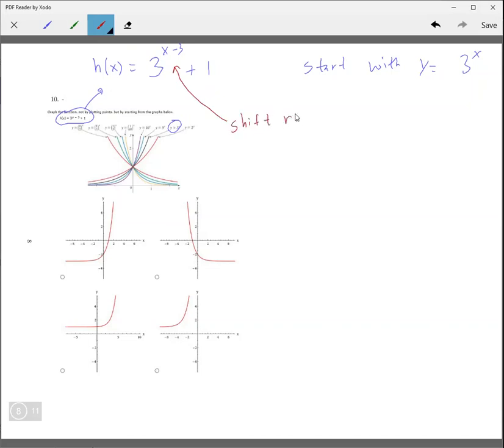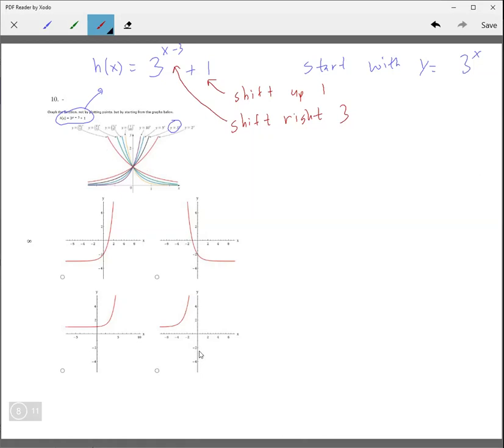No, shift it right by 3 because it's inside. And then the plus 1 is going to shift it up by 1. Okay, so take this black graph, shift it left by 3, and then up by 1, and you're going to get this one here.